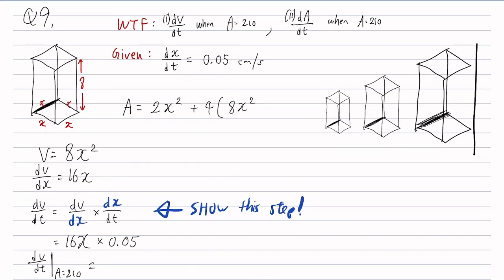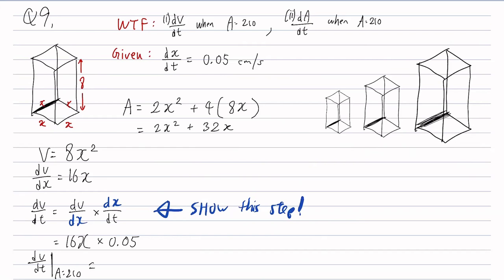Yes, correct, because there are 4 copies of it. Which is 2x squared plus 32x. Yep. Okay, 2x squared plus 32x equals to 10.